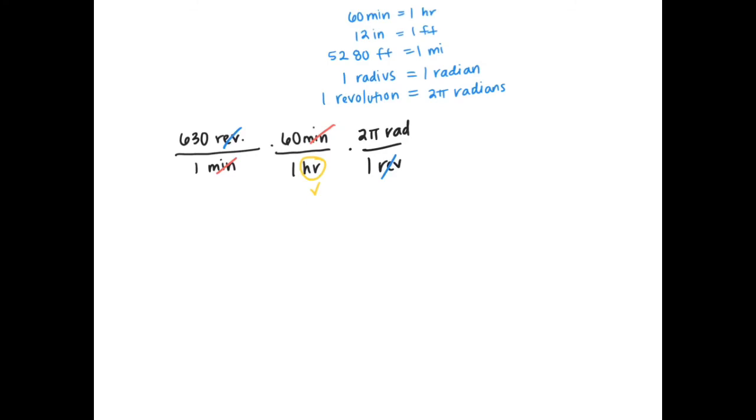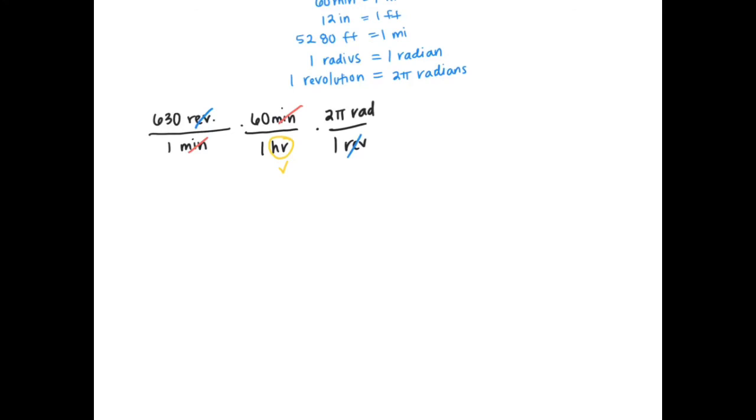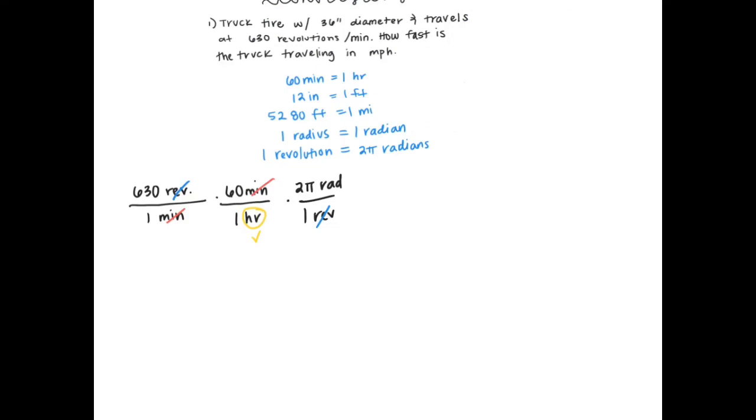Now revolution cancels out. Now let's consider radians. Radians are going to correlate to radius. Radian is currently in the numerator, so now I need it to go to the denominator. The radius in this problem is 18 inches. Be careful, I gave you the diameter, so you have to cut it in half. Now my radians cancel, and I have inches.